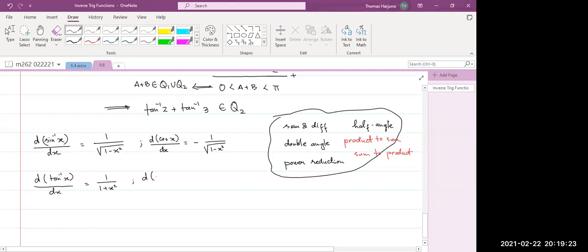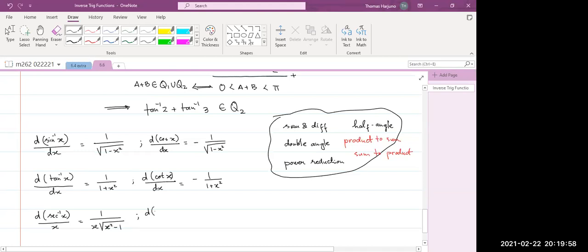And the derivative of cotangent inverse x with respect to x is negative 1 over 1 plus x squared. And the derivative of secant inverse x with respect to x is 1 over x square root of x squared minus 1.